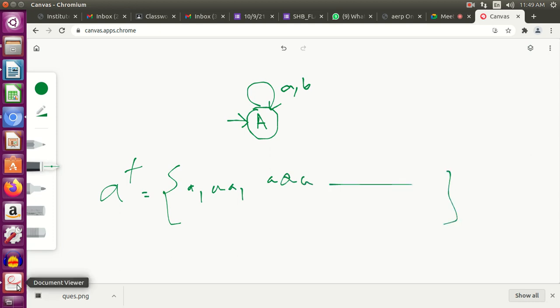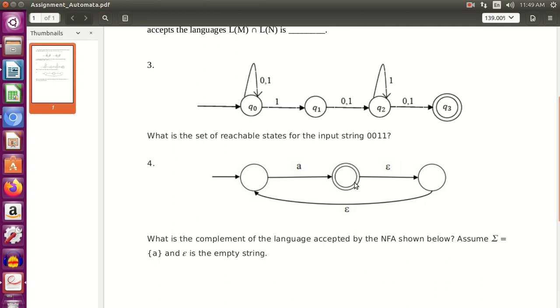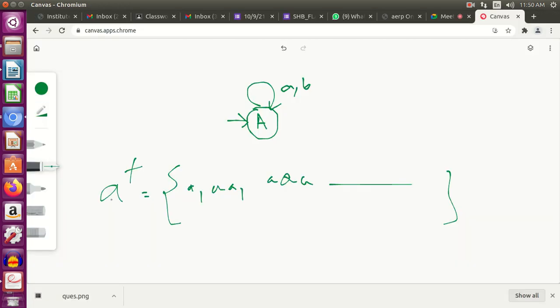So, if this is the language which is being accepted by this NFA, what will be the complement of this language? If this is the language, what will be the complement of this language? Epsilon, correct. It will be epsilon. Why?